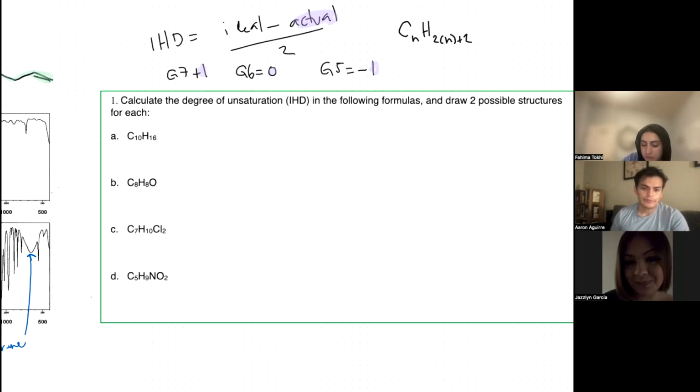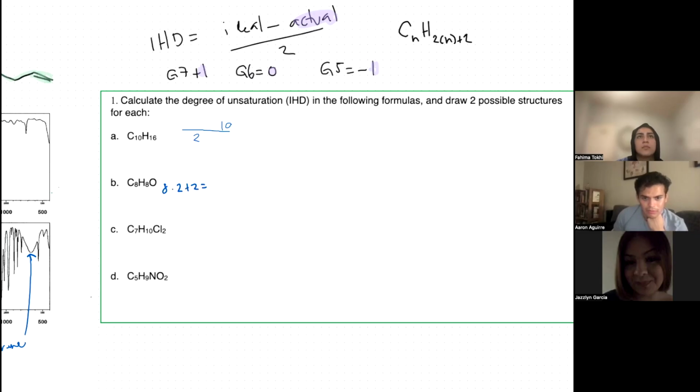So for the first one, I'm just gonna say A. Here, if we set up the chart, this one's not too bad. I have 10, and then I have to find it's over 2. I'll do this bottom one. It is 8 times 2 plus 2, 18.